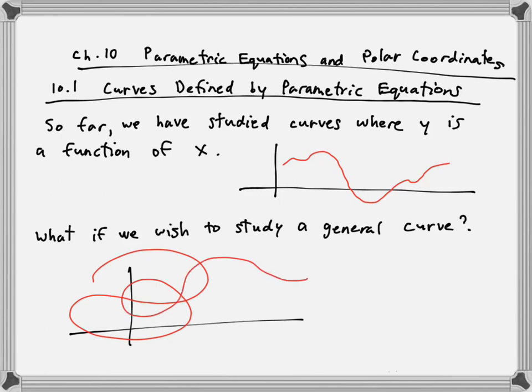We actually have a curve that can cross itself or do whatever. So obviously we cannot do that with our current notation, okay? So this is what we want to do. We want to study a general curve which we call C. How do we do this? We introduce something called parametric equations.